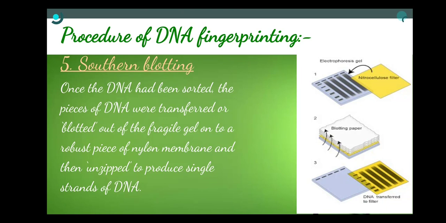During passing through this alkaline media, it gets converted into single strands, and those single stranded segments get attached to the nylon paper. When we put a nylon paper over the agarose gel and then put some load, by capillary action and by pressure, the segments get attached to the nylon paper.